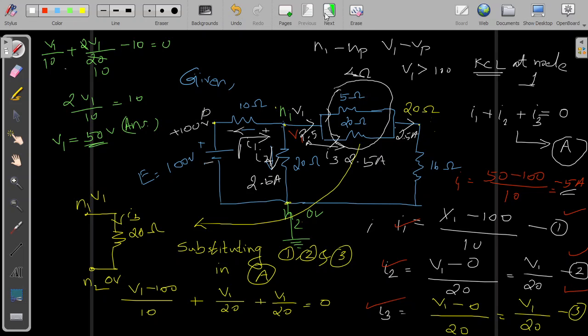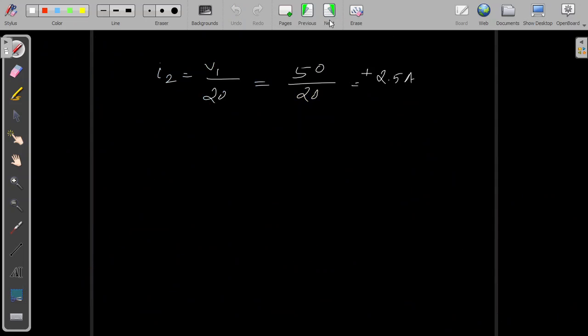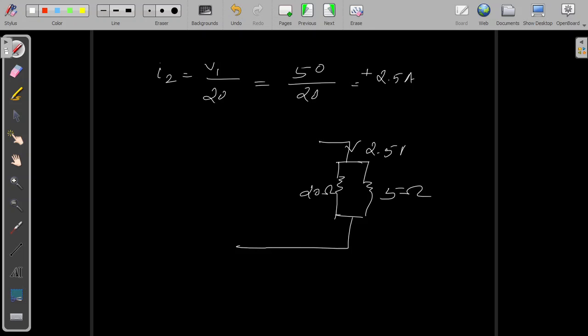So my problem will be like this: 5 ohm, and this will be 20 ohm, and the current is 2.5 ampere. Now I am applying the current division rule for the current through the 5 ohm.